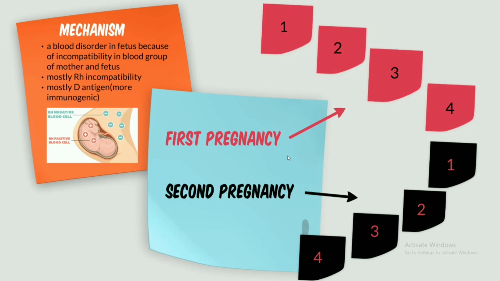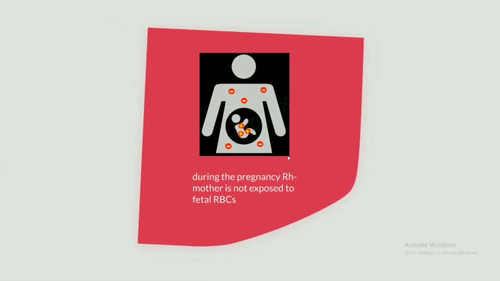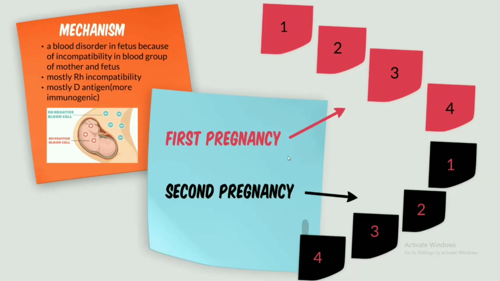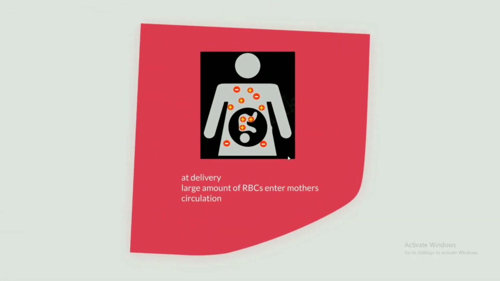In first pregnancy, during the pregnancy, Rh negative mother is not exposed to fetal RBCs. Why? Because as we know, mother's blood and fetal blood never mix with each other. At delivery, a large amount of RBCs enter mother's circulation.